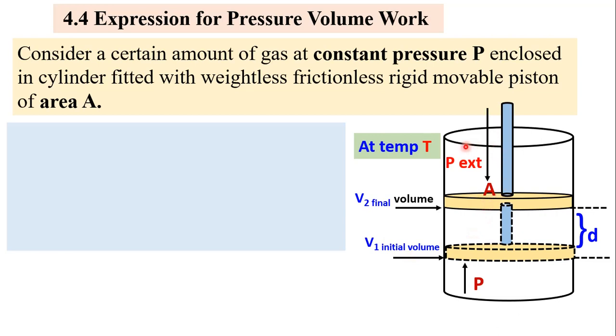The opposing pressure, that is the external pressure acting on this piston in the downward direction, is equal to P external.